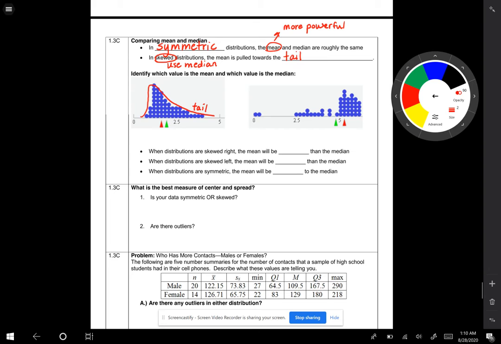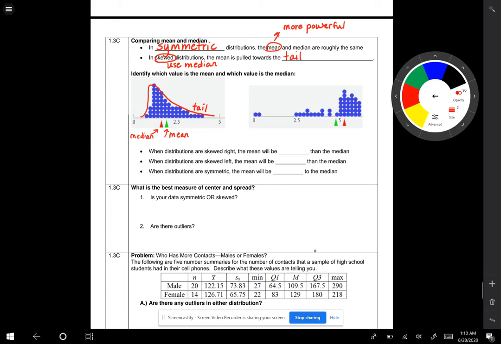When a distribution is skewed in either direction, the mean is pulled towards that direction. So in our case, the green triangle would be the mean, and the red one would be the median. The mean is greater than the median in a right skewed distribution.